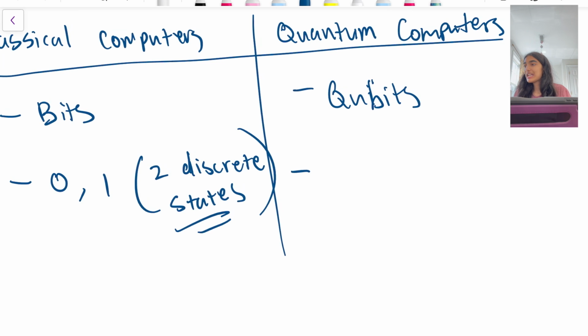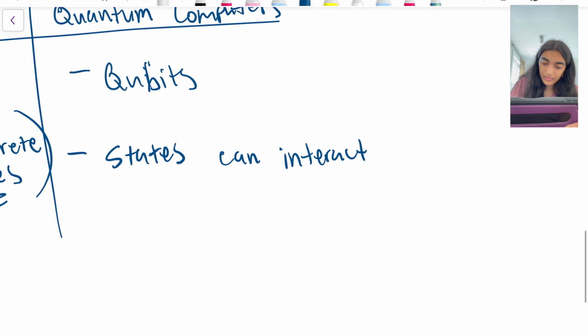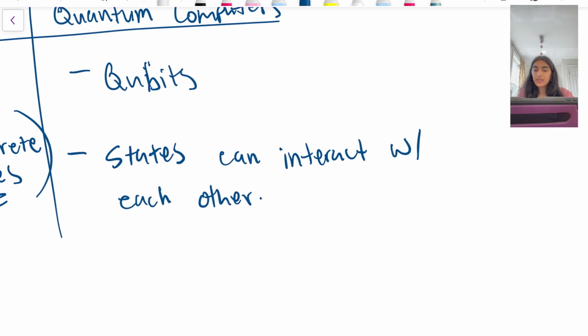What we have instead is not discrete states. The states can interact with each other. You can add them up, they can cancel out.